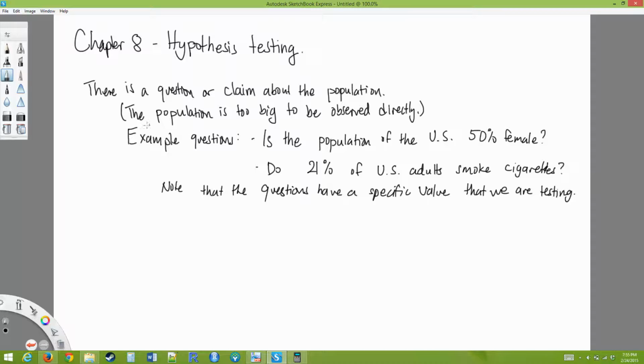Okay, so there's a question or claim about the population. Again, the population is too big to be observed directly.